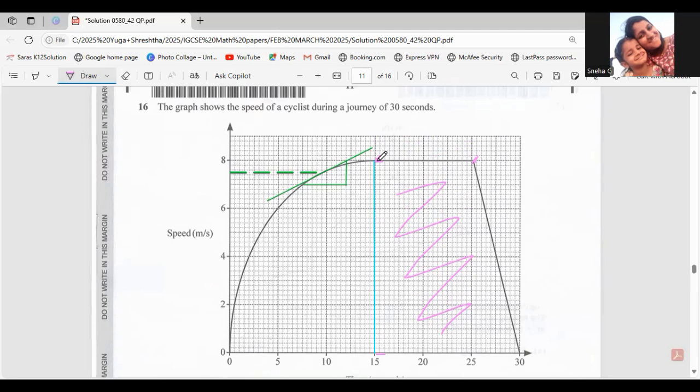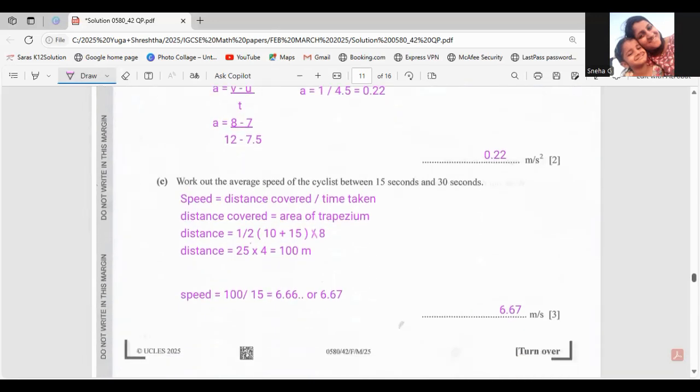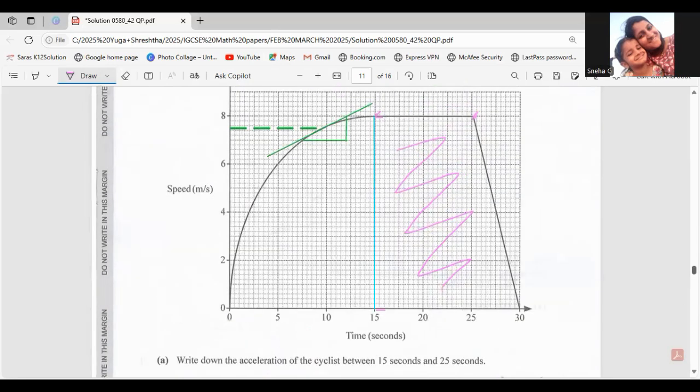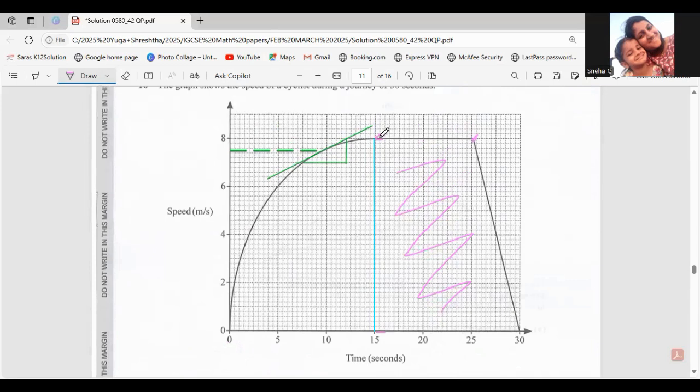If I measure this length using the graph, it is 10, and this distance using the graph is 15. So 10 plus 15 is my sum of parallel sides, multiplied by 8. 8 is the height of this particular trapezium. You see here, we are on this axis till 8. So 8 is the height of the trapezium.